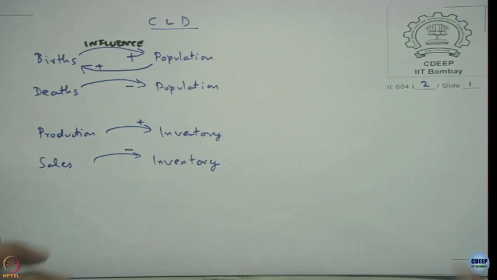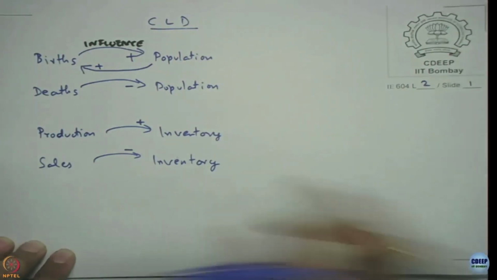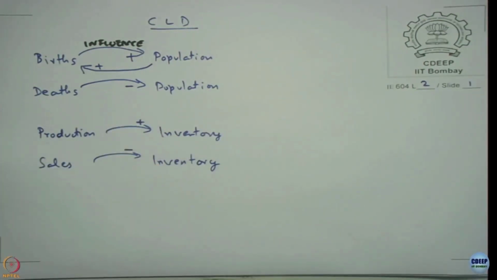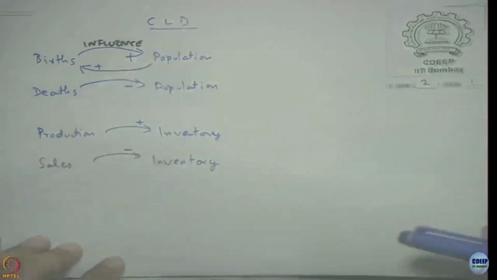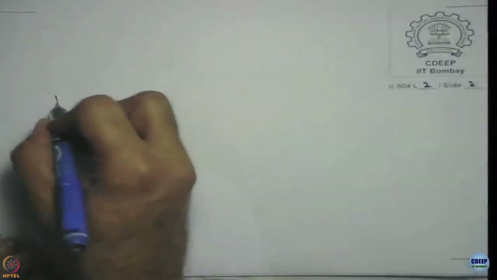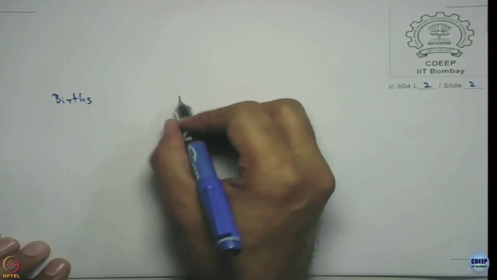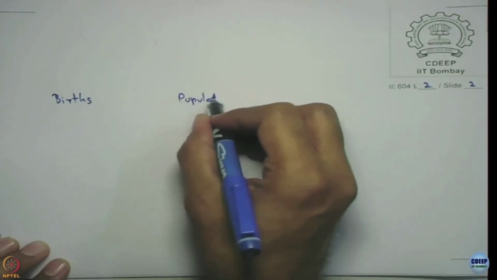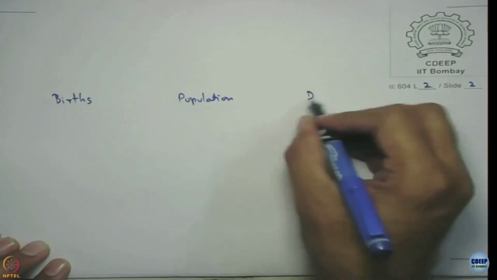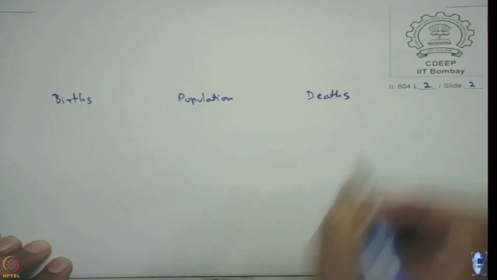We can reconstruct it; the similar thing will happen with deaths also. So, we can extend this idea simply here. Let us write it: births, population, deaths.